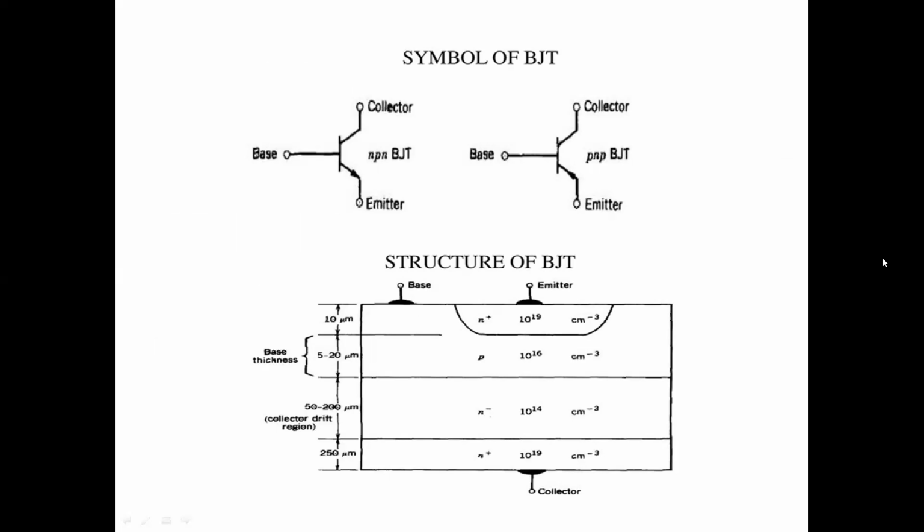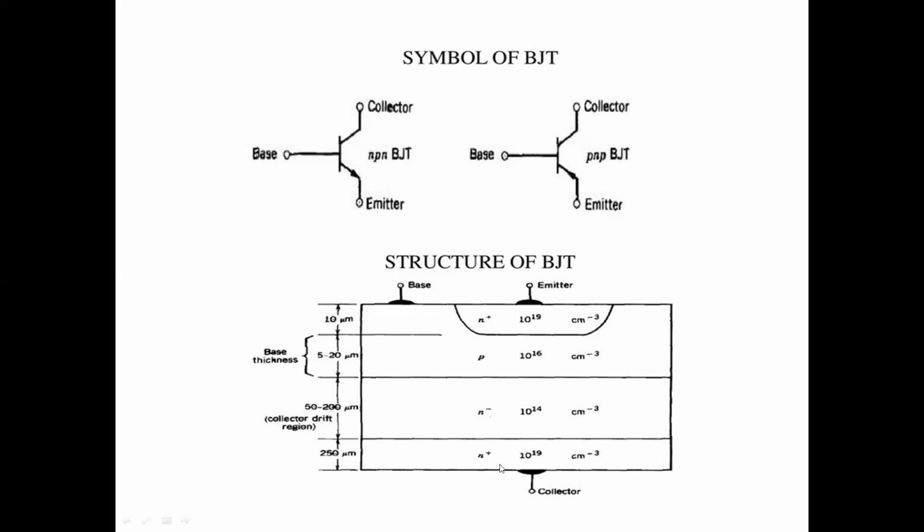You can see the symbols of NPN and PNP transistor. In NPN, the current comes out of the emitter, and in PNP the current goes inside and comes out from the emitter and goes towards the base. This circuit is also showing the basic structure of BJT. BJT has four layers.